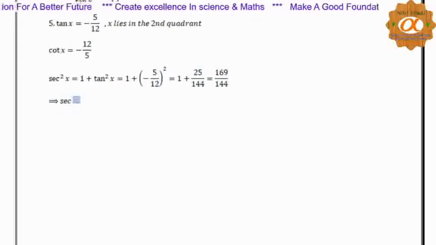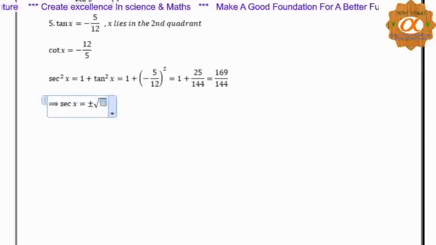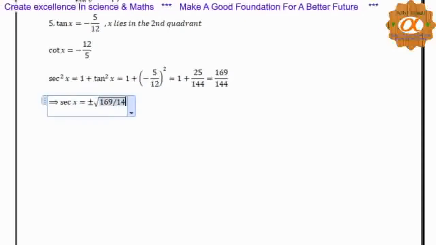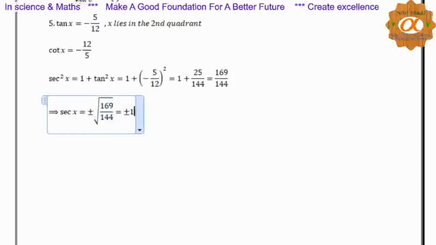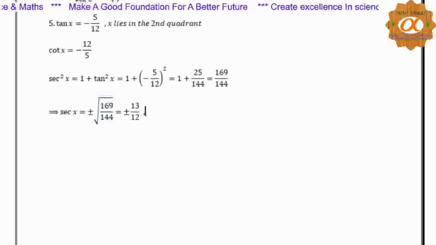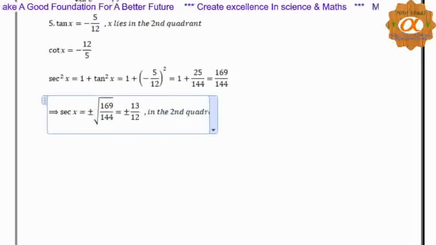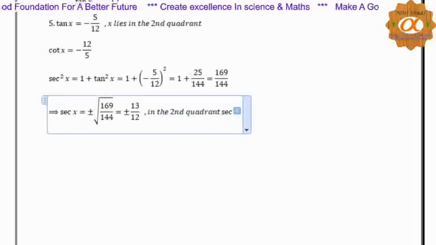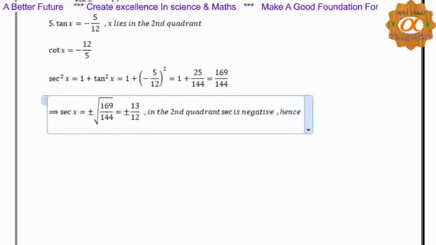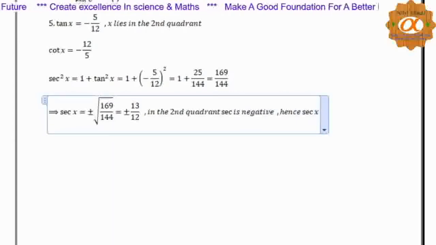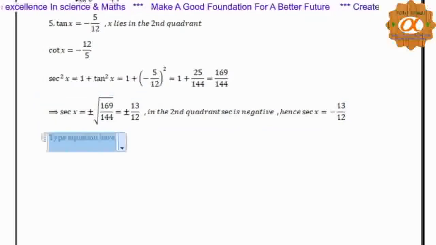That means sec x is equal to plus minus under the root 169 by 144, and it comes out to plus minus 13 by 12. Now, in the second quadrant, sec is negative, hence we take the negative value. That means sec x is equal to minus 13 by 12.